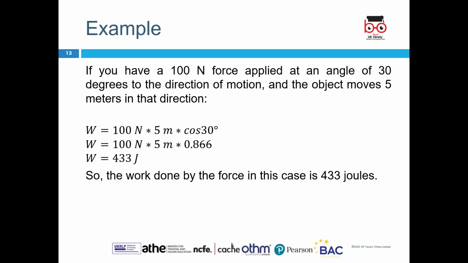If you have a 100 newton force applied at an angle of 30 degrees to the direction of motion, and the object moves 5 meters in that direction, the total work done is 100 newtons into 5 meters into cos 30 degrees, which is approximately, no, not approximately, it is actually 433 joules. Cos 30 degrees is equal to 0.86 as per the tables. So the work done by the force in this case is 433 joules.